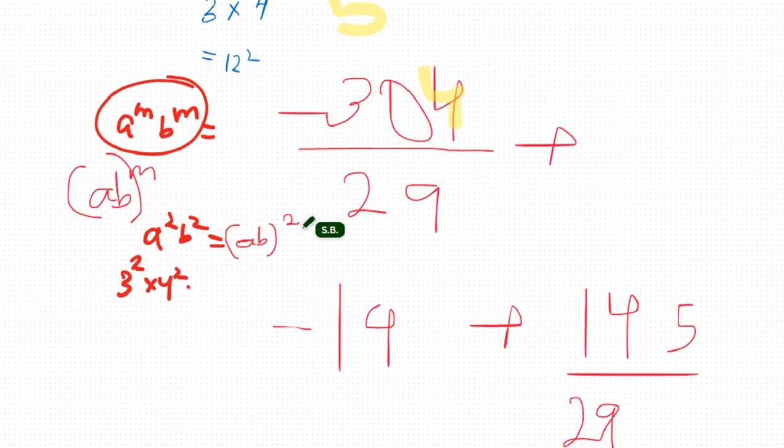So 3 squared into 4 squared means what? 3 times 4 is how much? 12. I can directly write 12 squared. Correct?